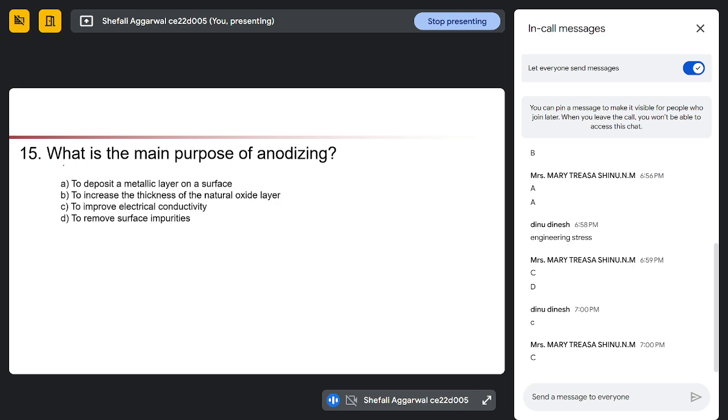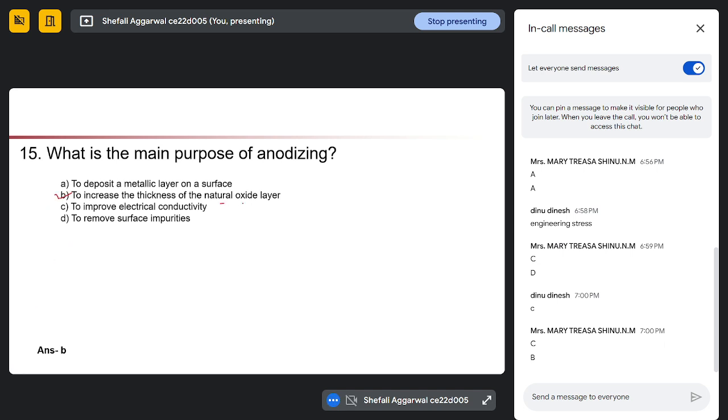To deposit a metallic layer on the surface, to increase the thickness of the natural oxide layer, to improve electrical conductivity, or to remove surface impurities. Mainly, anodizing is done to increase the thickness of the natural oxide layer. B is the correct option.